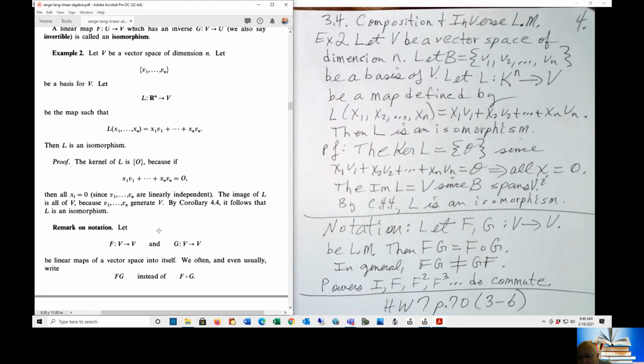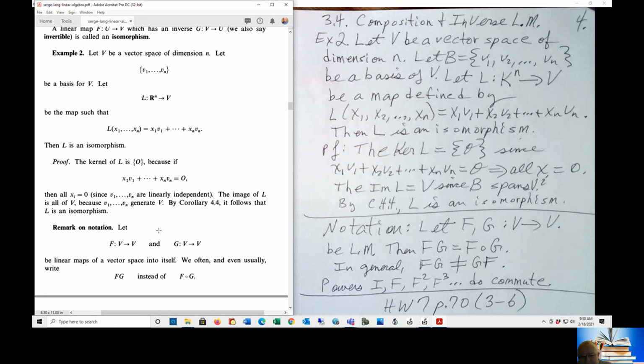And the image of L is all of V, since the basis vectors span or generate V. So by corollary 4.4, L is an isomorphism. It's both one-to-one and onto. And Kn and V are isomorphic to each other.